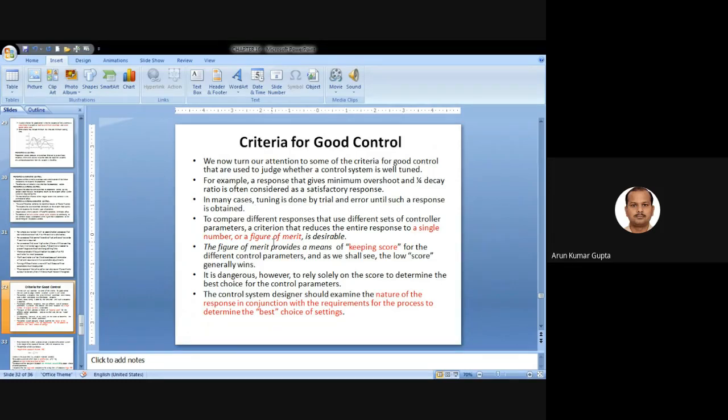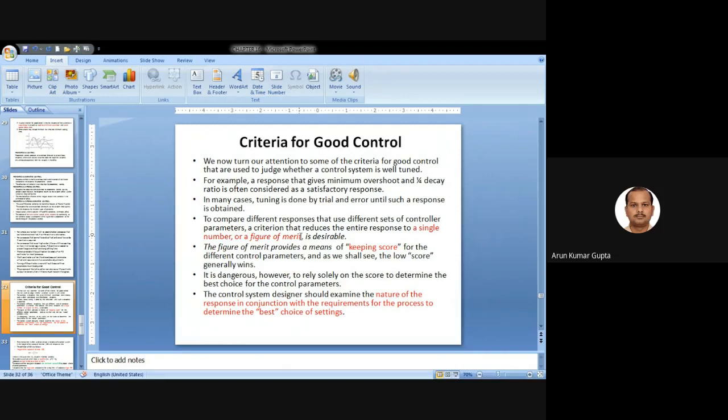So we do the trial and error and try to find these parameters. To compare the different responses that use different sets of controller parameters, a criterion that reduces the entire response to a single number, which we define as a figure of merit, is desirable. It means, for example with a step input, the number should reach 1, and we are talking about plus minus with respect to a particular number.